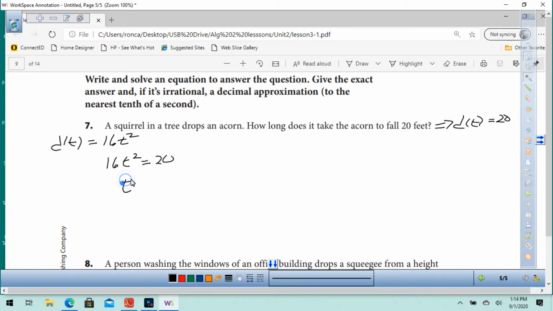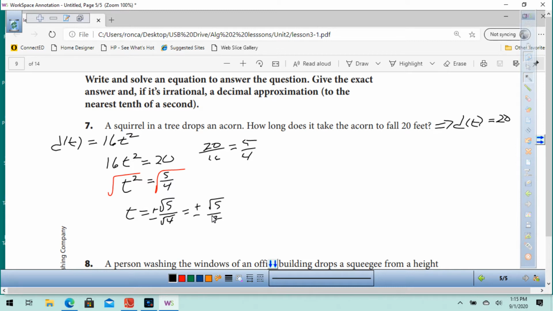Divide both sides by 16, and we got t squared equals 20 over 16. 4 goes into 20 5 times, 4 goes into 16 4 times, so it reduces to 5/4. Well, let's take the square root of both sides, and we get t equals the square root of 5 over the square root of 4, and that's plus or minus. Well, we know the square root of 4 is 2, so we got plus or minus the square root of 5 over 2. All right.